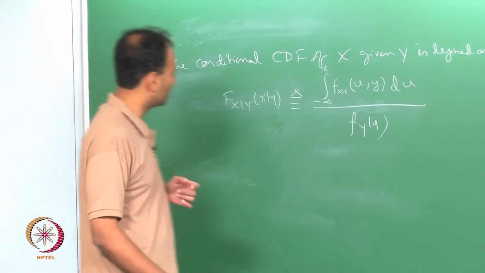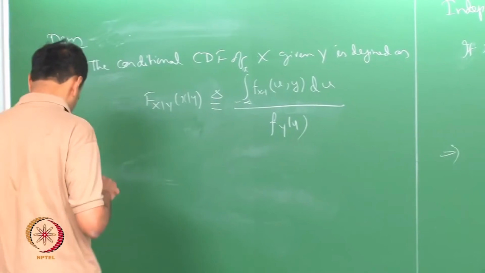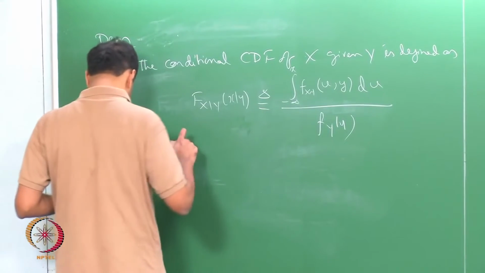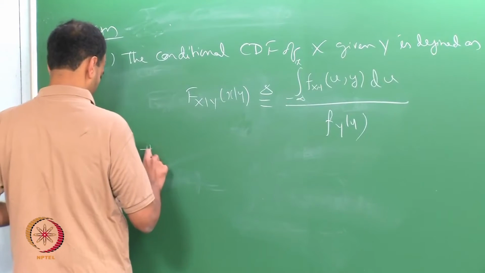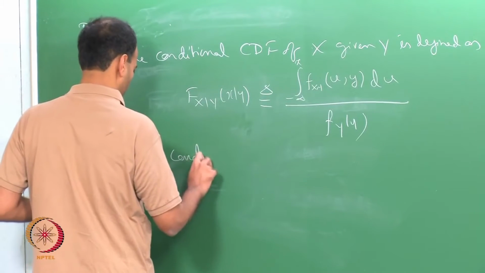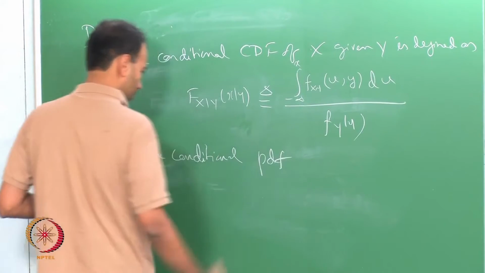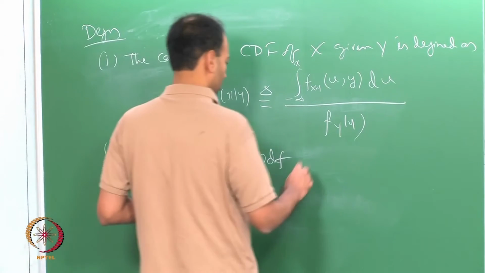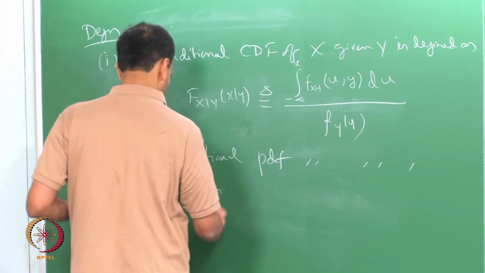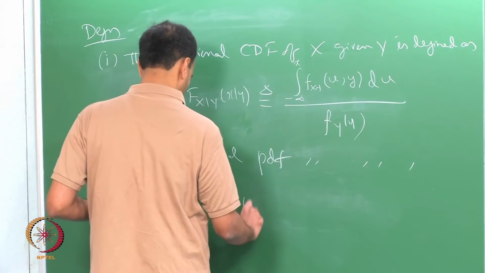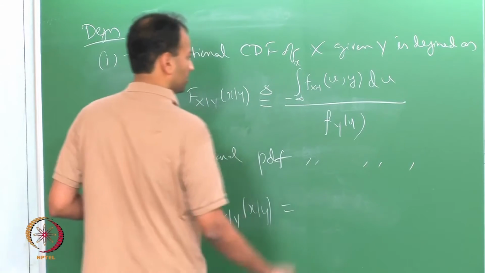And so, if this is the conditional CDF, then I can write a conditional PDF of x given y, defined as little f x given y of x given y is equal to.